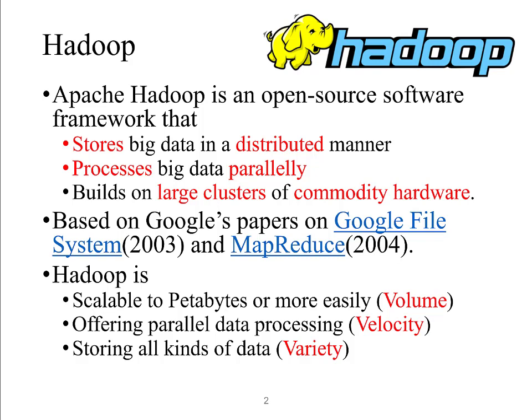Here, the first two sentences describe the main purpose of Hadoop, which are storing big data and processing big data. It also shows the major feature of Hadoop, that it does both things in a distributed manner.